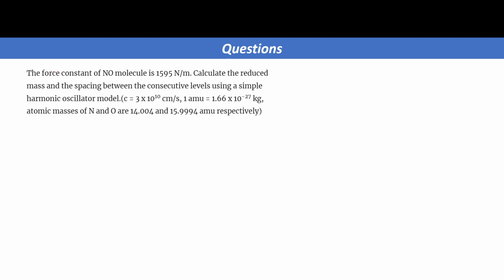Now we have another question: the force constant for an NO molecule is 1595 N per meter. Calculate the reduced mass and the spacing between the consecutive levels using a simple harmonic oscillator model. So the force constant for NO is 1595.